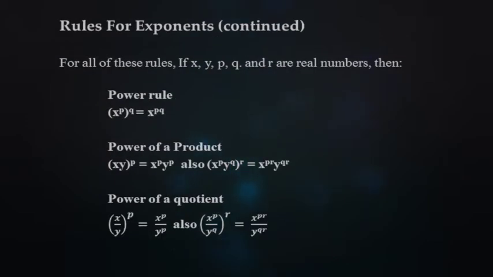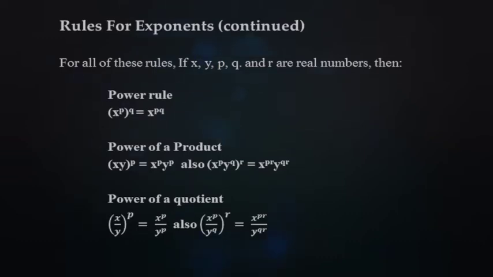Again, x cannot equal 0 in that case. The power rule says the quantity x to the p raised again to the q power means we multiply those exponents and get x to the p times q. The power of a product says if we have xy in parentheses raised to the p power, that the p can be distributed to each of those factors.